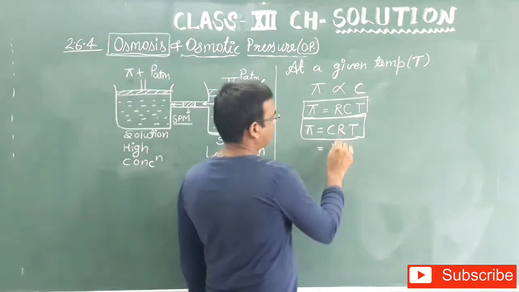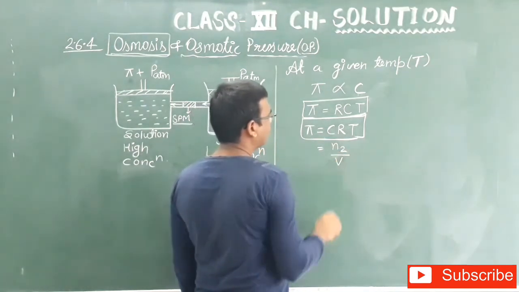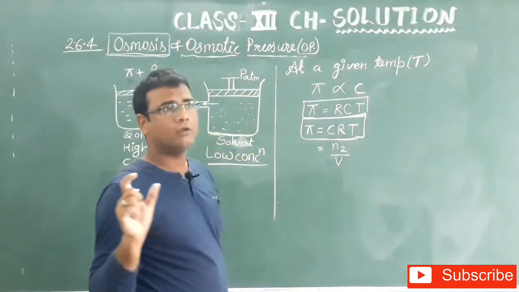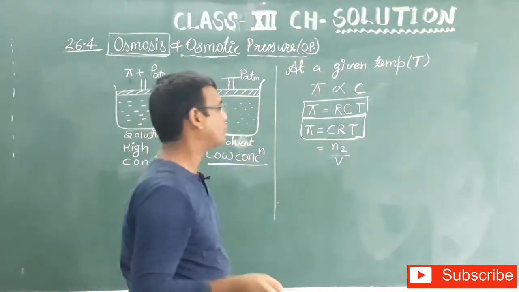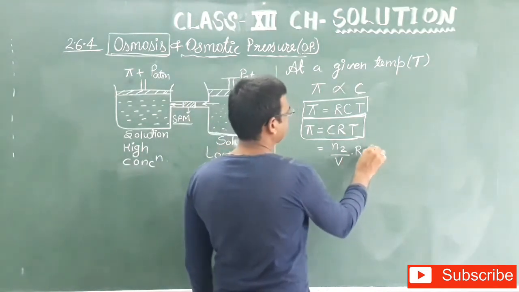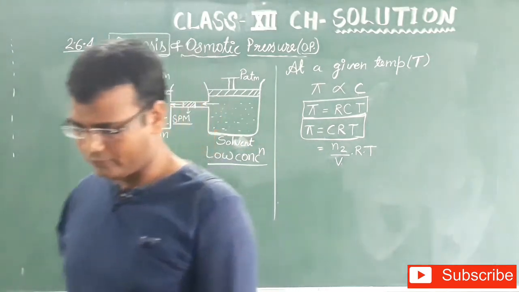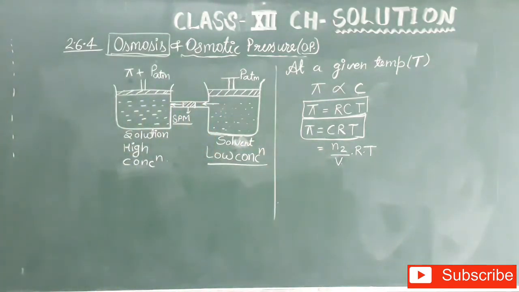So it is number of moles of solute upon volume of solution, and then R and then T. This V is in liter. If this V is not in liter, then we have to convert whatever other unit into liter.